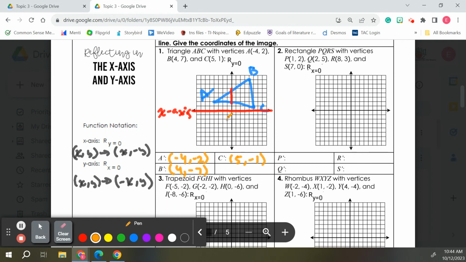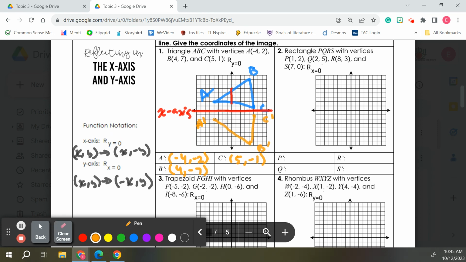Just to see if it works: 4 negative, so 1, 2, 3, 4, down 2. There's my A prime. 4, 7: 1, 2, 3, 4, all the way down to 7. There's my B prime. And my C prime is 5, and then to -1. So here's A prime, B prime, C prime.